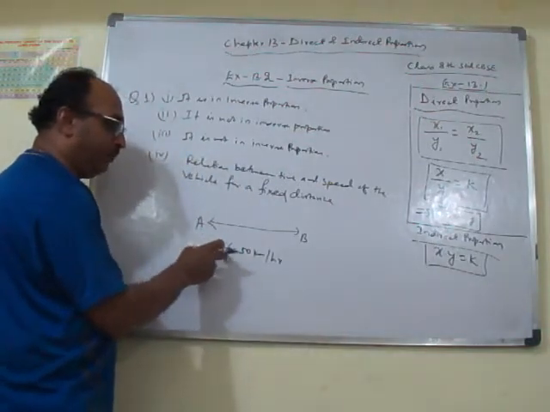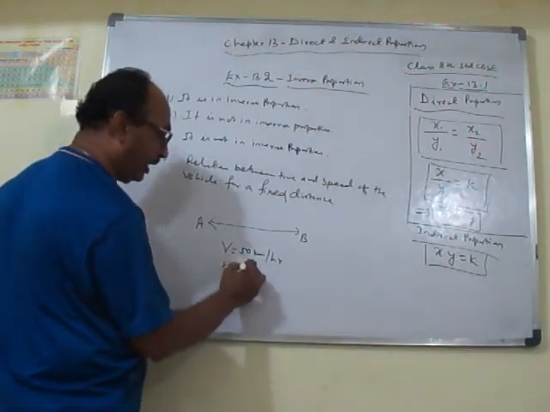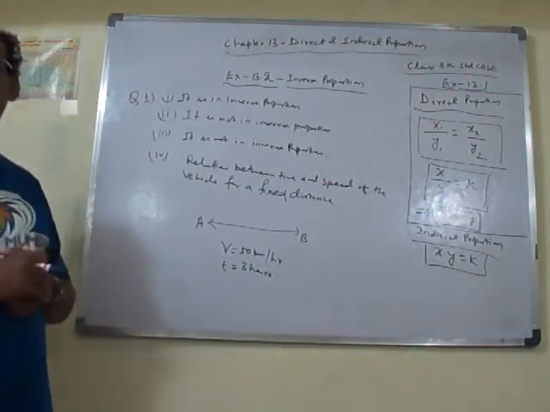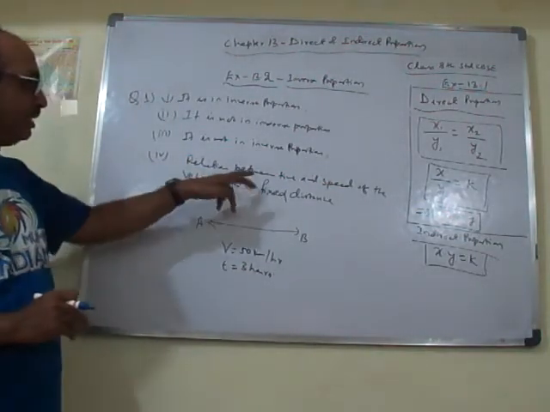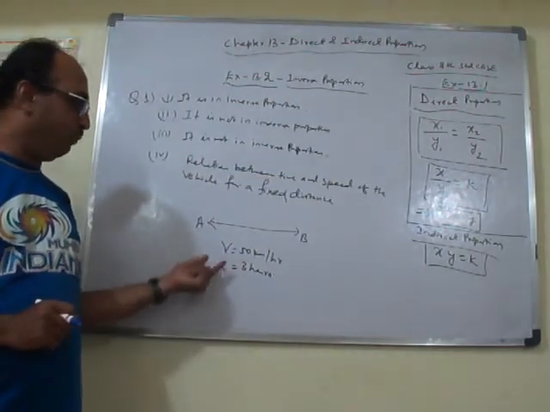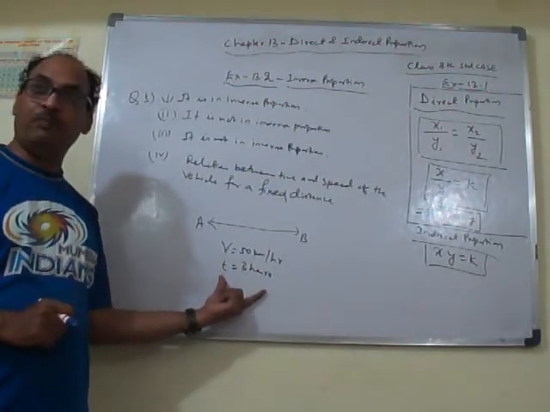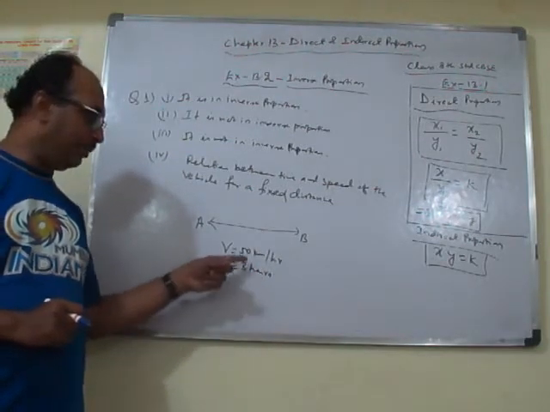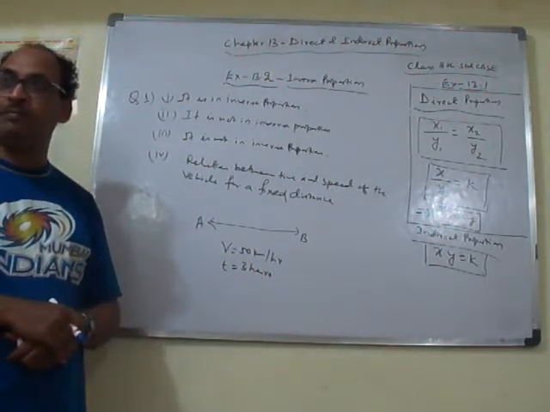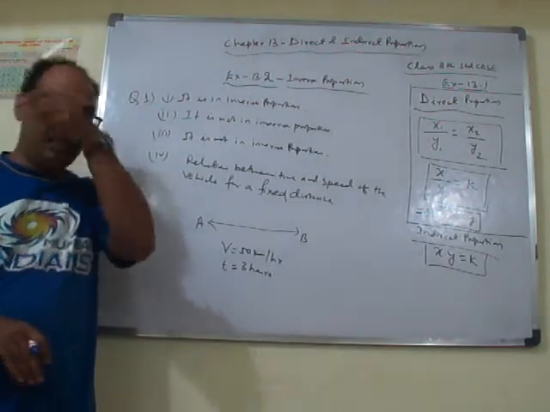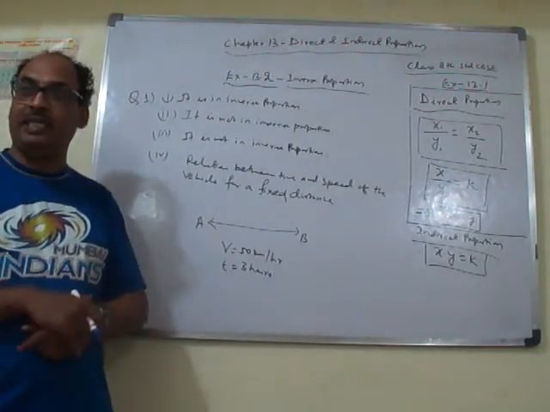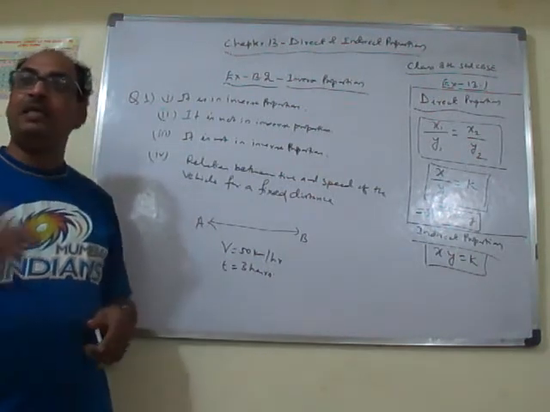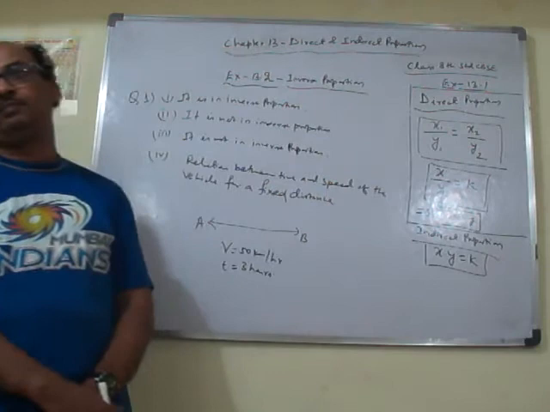When it is moving at 50 km per hour, the time taken is 3 hours to cover the journey AB. Now, the relation between time and speed. If you are increasing the time, it means you have reduced the speed, because the distance is the same, it is not changing. So if a time increase has taken place, a decrease in speed has taken place.